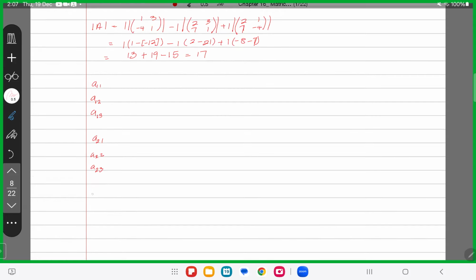Third row. Sign convention: positive, negative, positive, negative, positive, negative, positive, negative, positive.